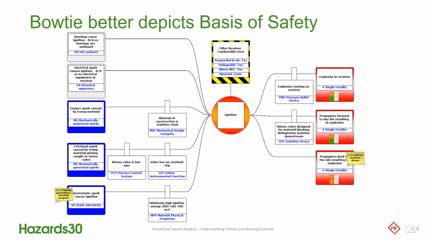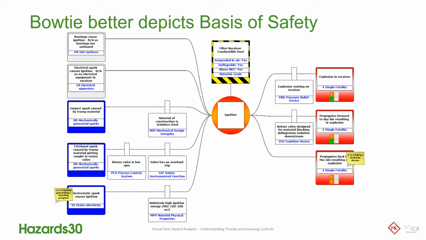We have these prevention measures in place that stop these ignition sources combining with this combustible dust to give us an ignition. We've also got mitigation measures that act after that ignition to reduce the harm on personnel or plant. We've got explosion venting on the receiver, for example.